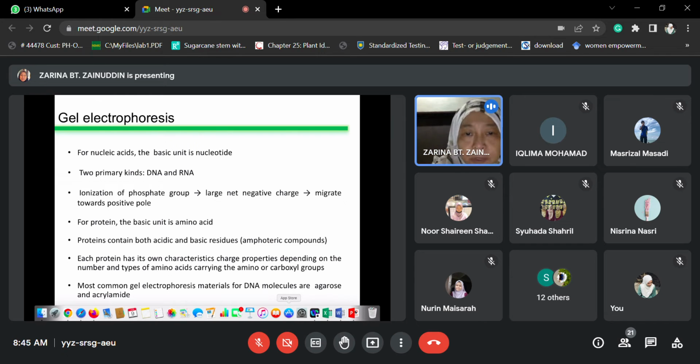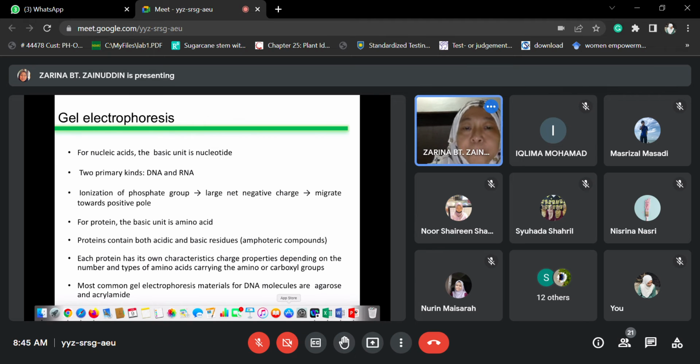While for protein, we know the basic unit is amino acid, and protein contains both acidic and basic residues. This is what we call amphoteric compounds. Each protein has its own characteristic charge properties depending on the number and type of amino acids, so we can know its pH and so on.